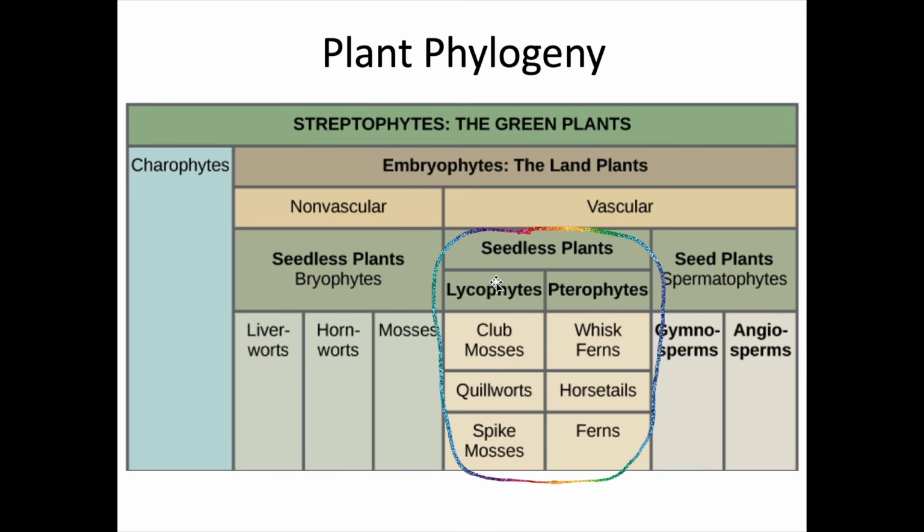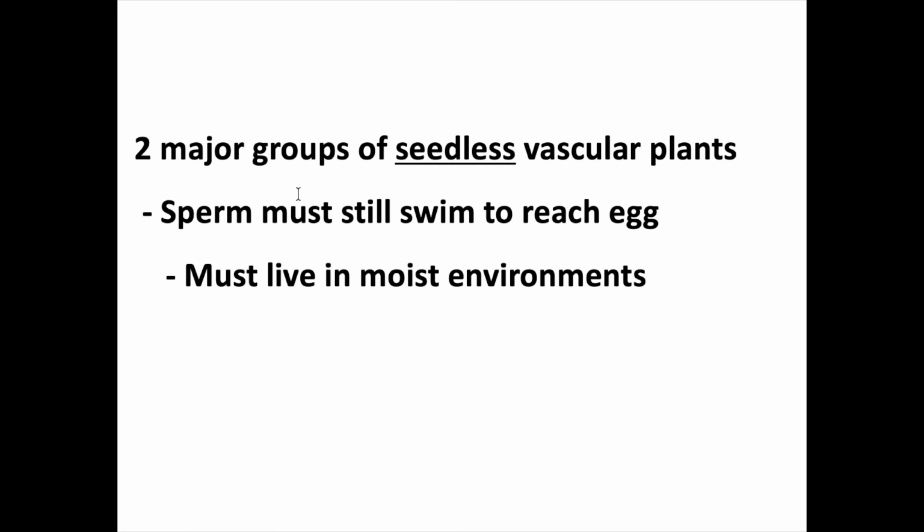And there are indeed two groups of seedless vascular land plants. These two groups are called lycophytes and pterophytes. So something about both of these groups.